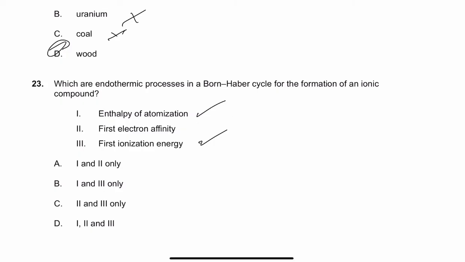Now, going back to first electron affinity, the reason I skipped over it is because it's false. It is an exothermic process and releases energy, not endothermic. You can make a case for a second electron affinity being an endothermic process, but first electron affinity is going to be exothermic. That means that it's only I and III, which is going to be B.